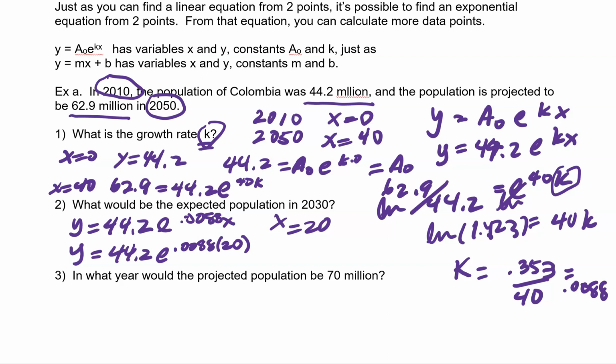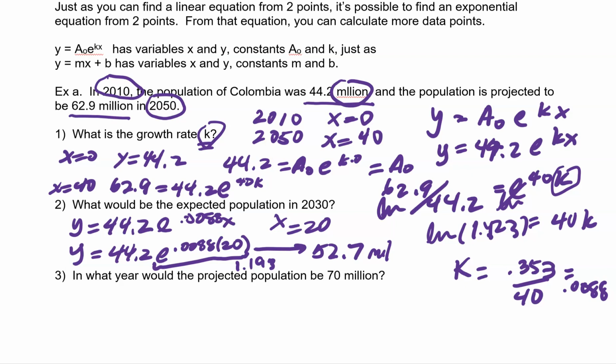And if we perform this calculation, the exponential portion comes out to be about 1.193. So when I completely simplify this, it's about 52.7. And that comes out to be in millions because we have been expressing our population here in millions, so we have to be aware of that.